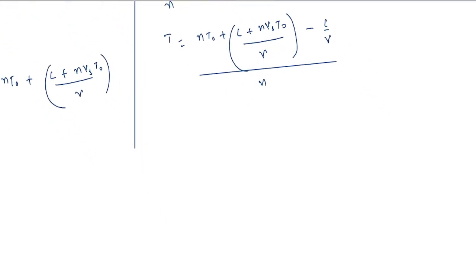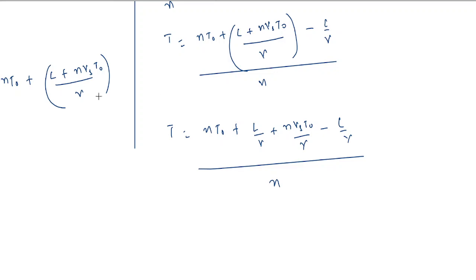Expand this, then what we get is n t naught, we'll break the terms here, L by V plus n Vs t naught by V minus L by V, whole divided by n. This term gets cancelled.